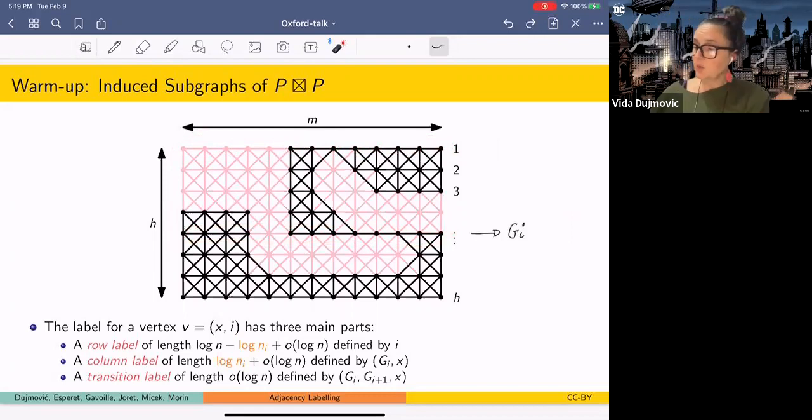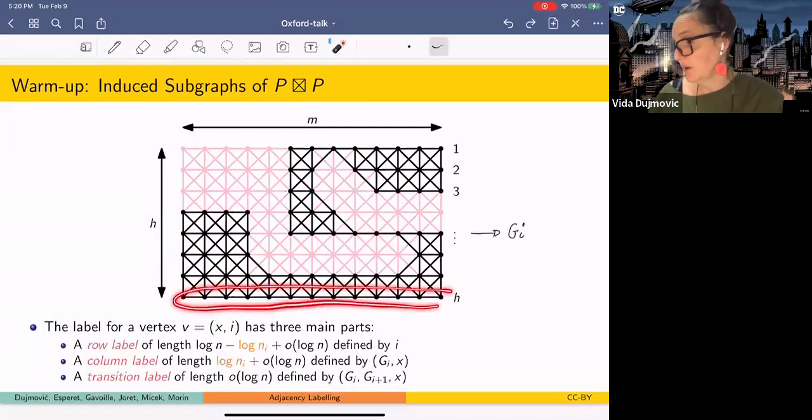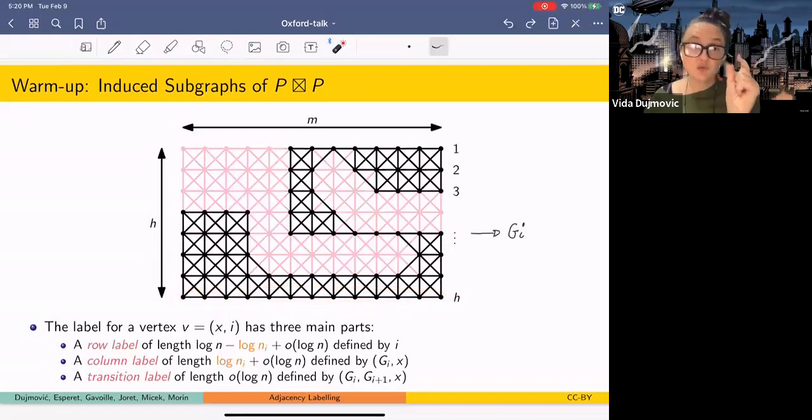We are going to have row labels that take log n minus the log of the number of vertices in that row. We're going to save that many. Where does the intuition come from? For rows that have lots of vertices, I should use a short label.